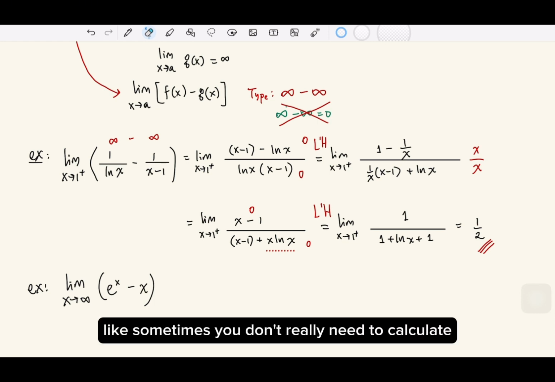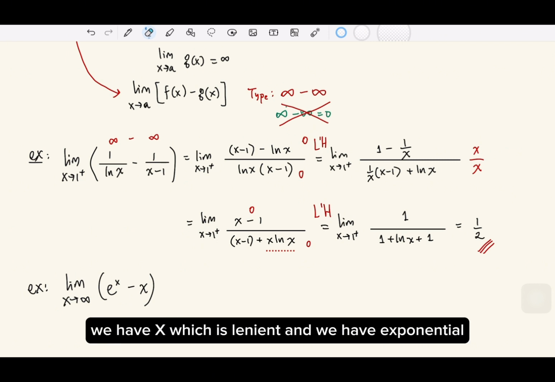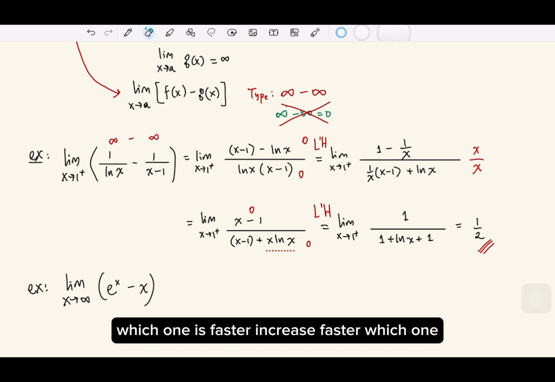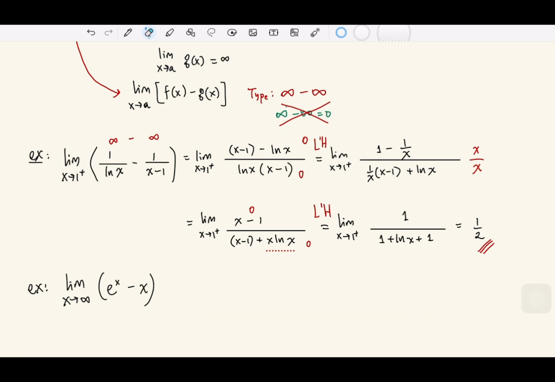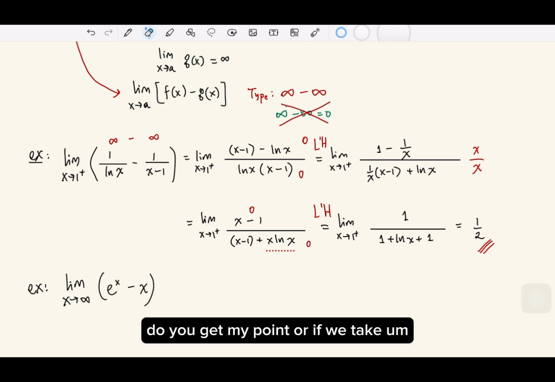Sometimes you don't really need to calculate with mathematical formulas. We just need to understand how the curves work. We have x, which is linear, and we have the exponential. Which one is faster? Exponent or linear? Which one increases faster? Yeah, exponent, right? So by doing that, we know that this will go to infinity. Okay, you get my point?